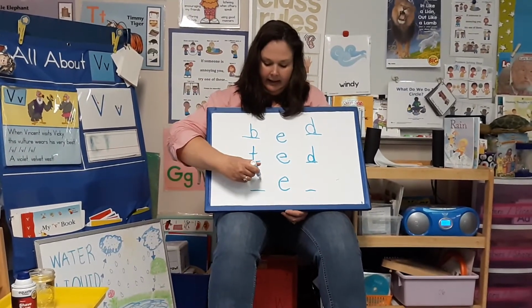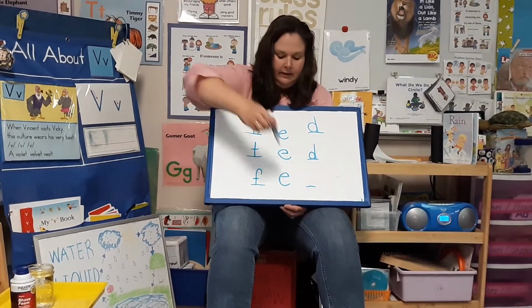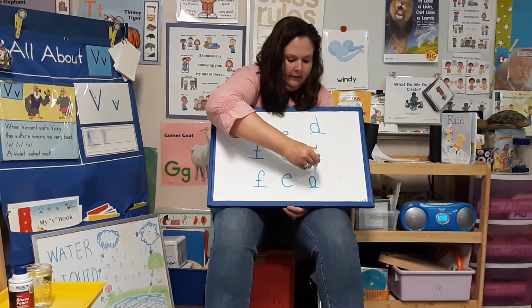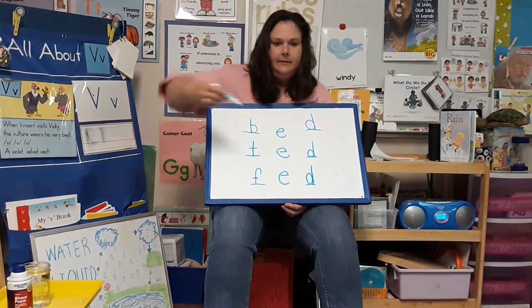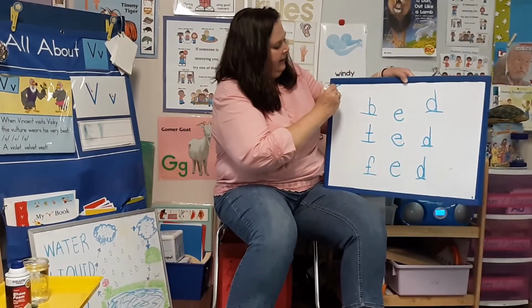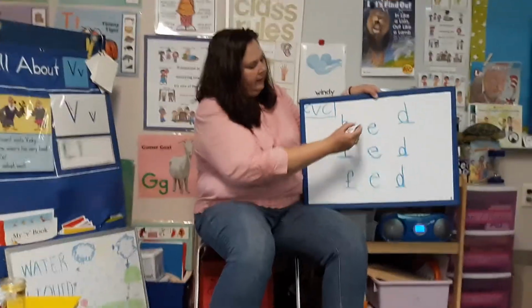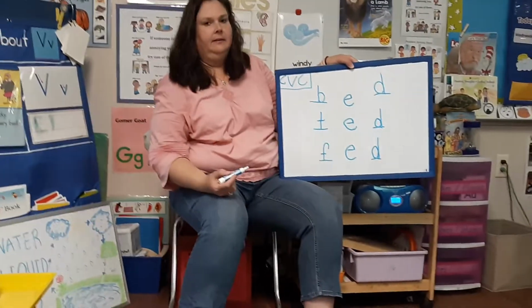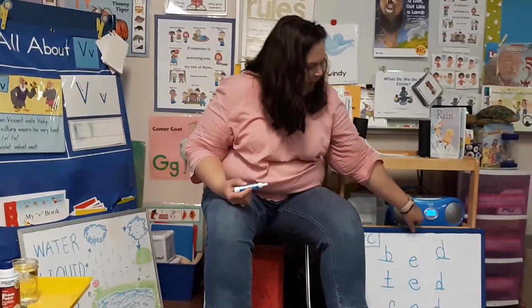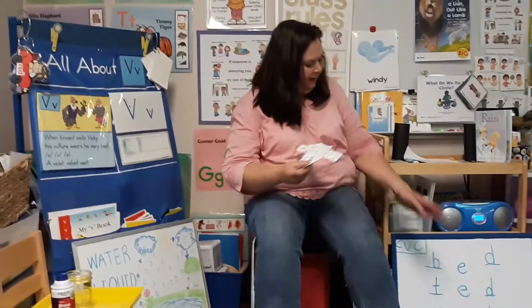And then our last one, F, ed, fed. So this is just a fun way to build our CVC words. Consonant, vowel, consonant. So friends, when we build our words, remember vowels are our helper letters and consonants are our filler letters. And together they make fun words.